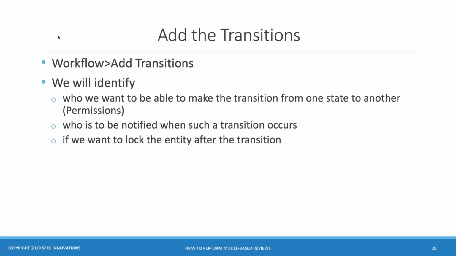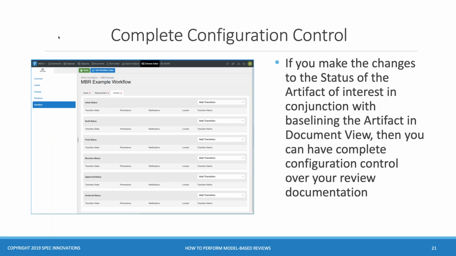And then of course you can add the transitions in the workflow, so you can identify who can see it, who can make the changes, who's notified, those kinds of things, and you can lock the entity after transition. So again, that's the full workflow capability most people are looking for. And of course, that gives you complete configuration control.